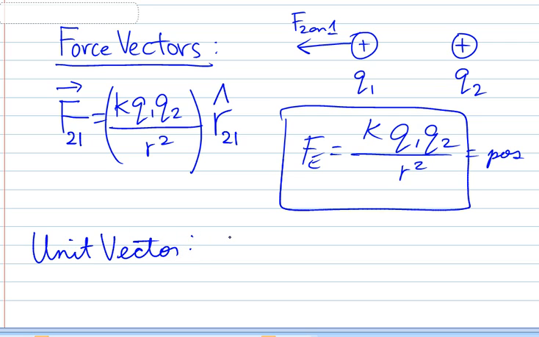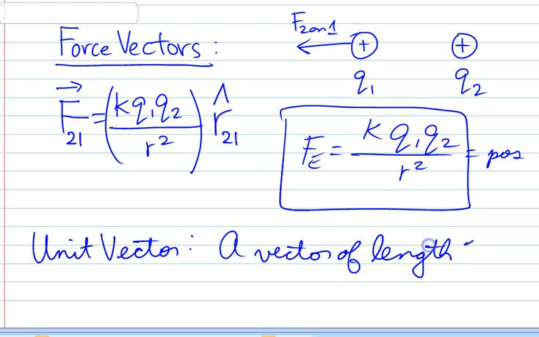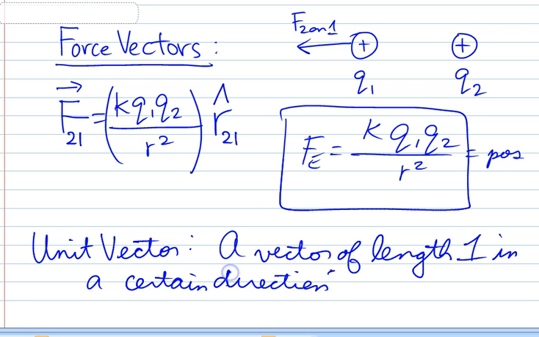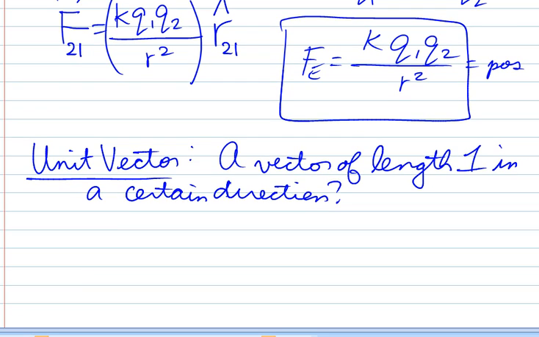Okay? So a unit vector is a vector of length 1 in a certain direction. What direction, you might ask? Anyone you want. That's the use of a unit vector. Now most of what we're going to be doing with Coulomb's law will be confined to the x and y directions.